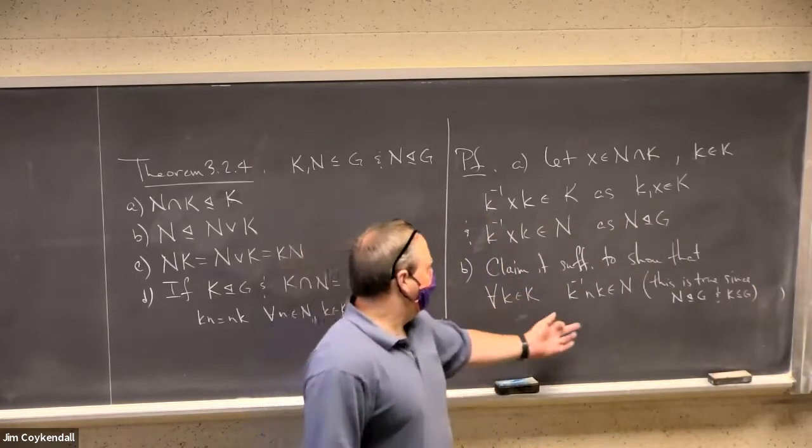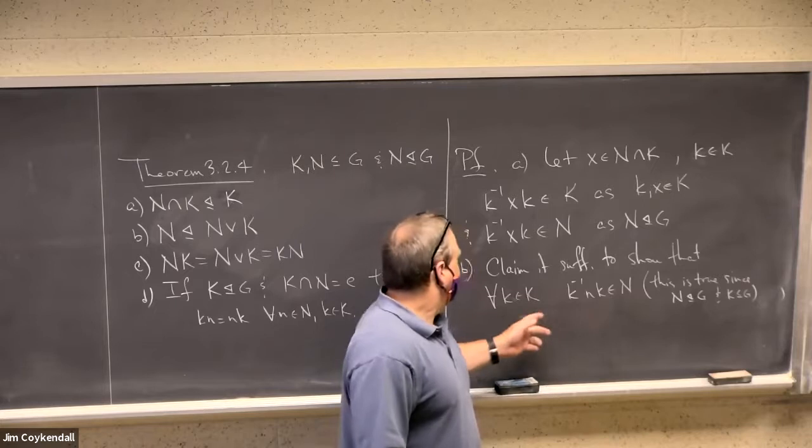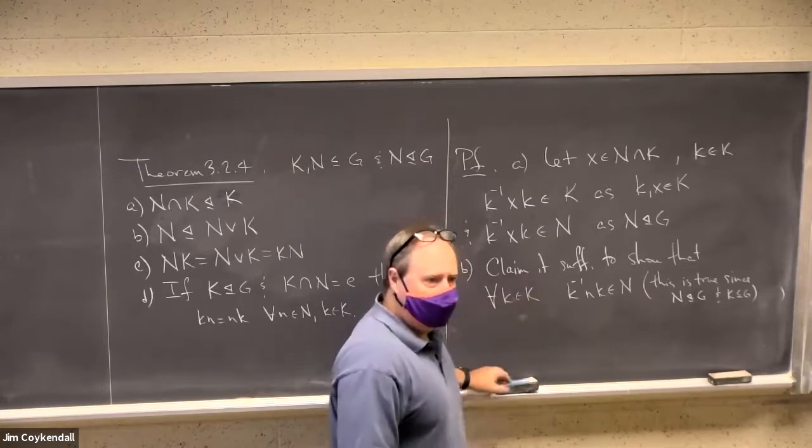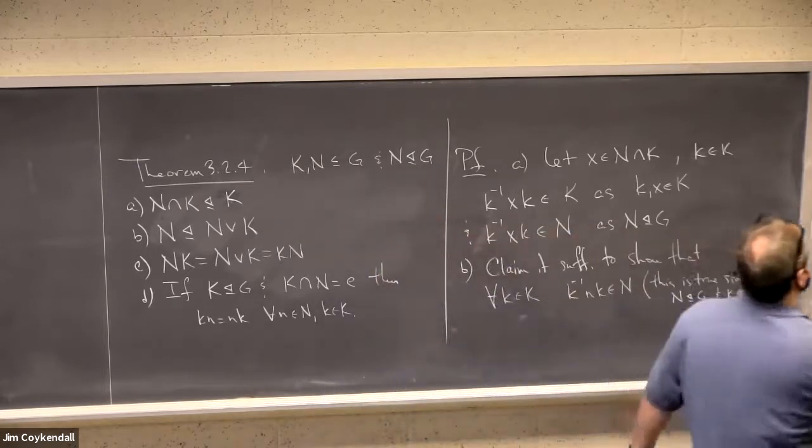Why does it suffice to show that if you conjugate anything in N by k, then you're good to go?